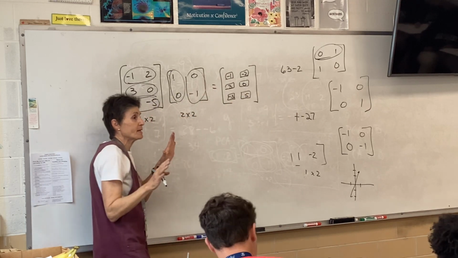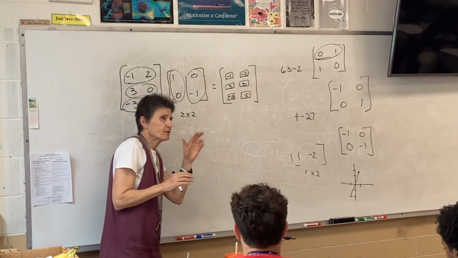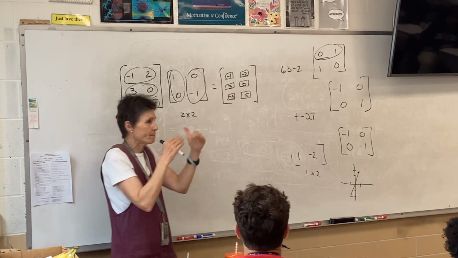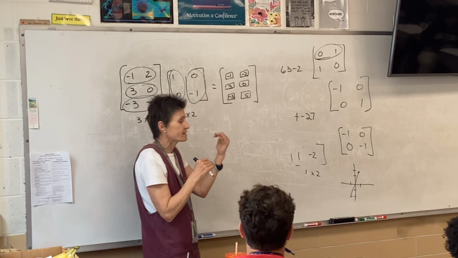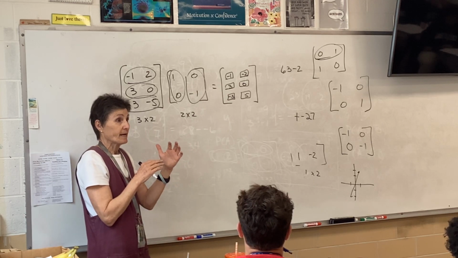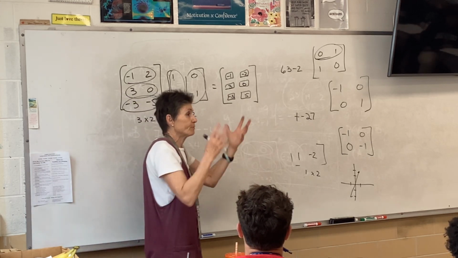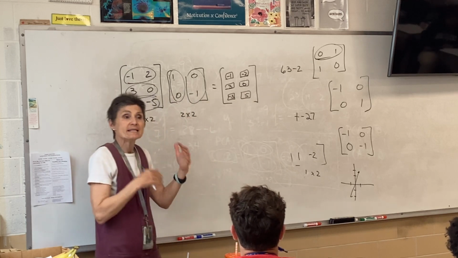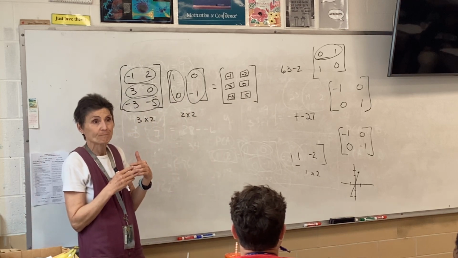Now, I know what you're thinking. You're thinking, Ms. Ford, I think I could do that without a matrix because I know what it means to reflect across the x-axis. But bear with me, in a minute we're going to be rotating through, like, 119 degrees. So you're going to need to know how to do this multiplication, okay?